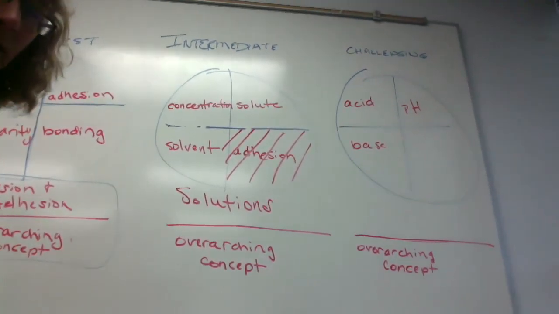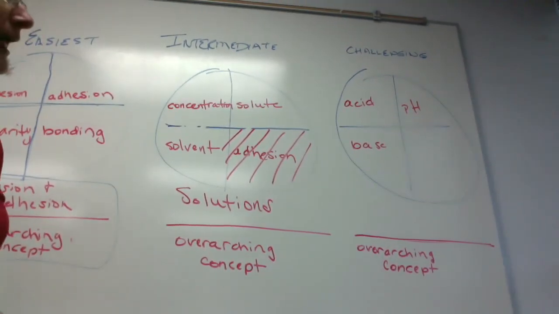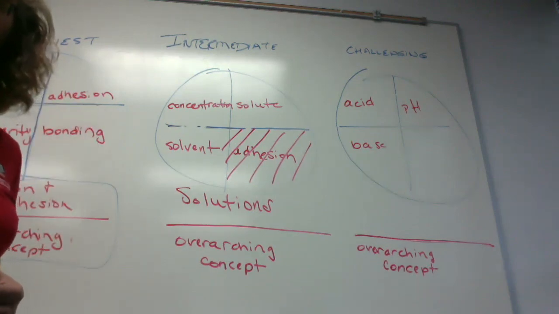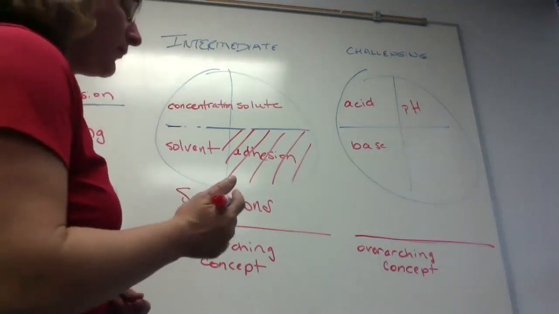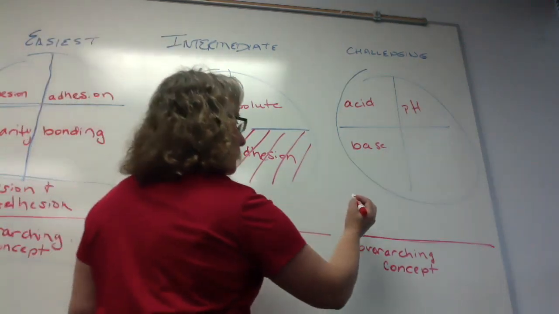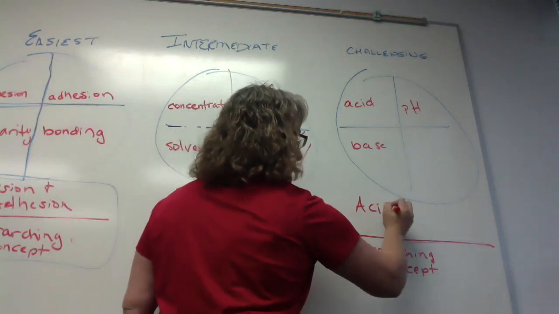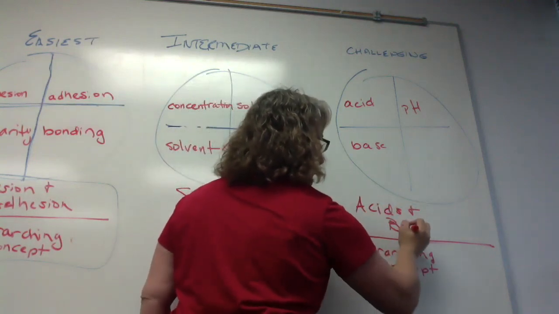And lastly, we have the most challenging, and in this case, we leave one blank. So we have acid, pH, base. An overarching concept for this one would be acids and bases.